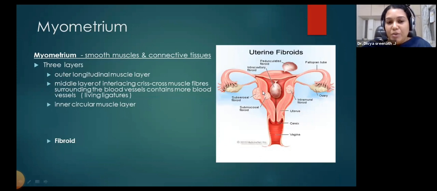When the fibroid starts to grow and pushes toward the inner side, near the mucosal layer, it is known as a submucosal fibroid. If it is pushed outward, it is known as subserosal. Sometimes you can also see a pedunculated fibroid, which is pushed out and covered by the peritoneal layer.